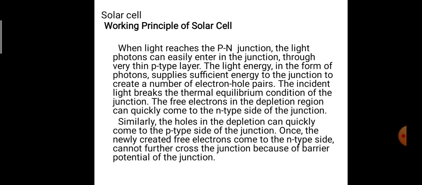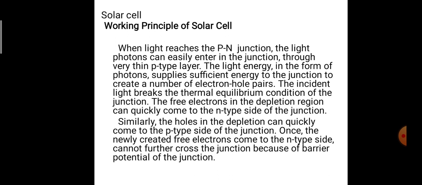Now we are discussing the working principle of solar cell. When light reaches the PN junction, the light photons can easily enter the junction through the very thin p-type layer. The light energy in the form of photons supplies sufficient energy to the junction to create a number of electron hole pairs.